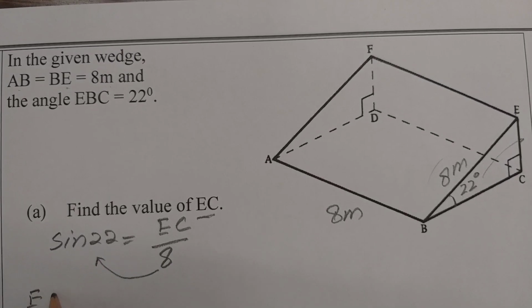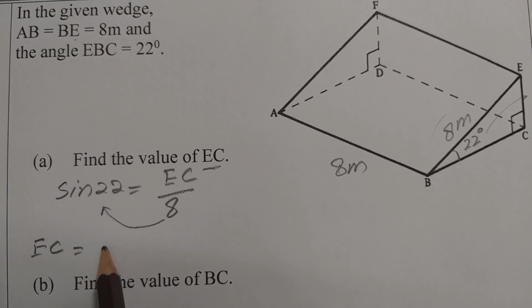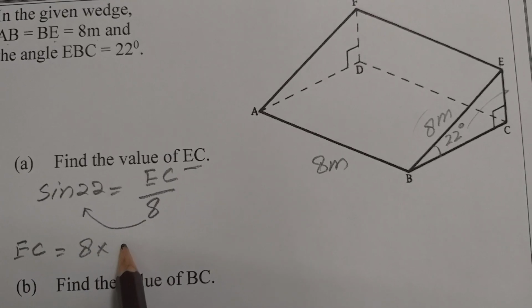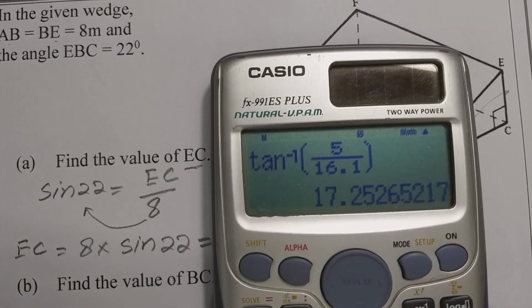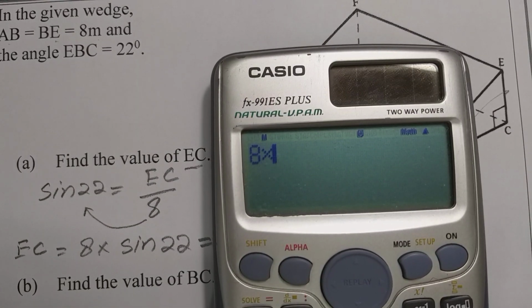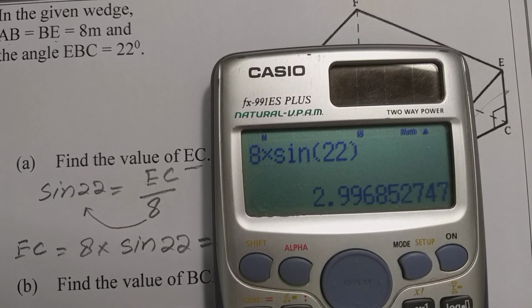So EC equals 8 times sine 22, which is equal to 2.99. So you can say this is 3 meters.